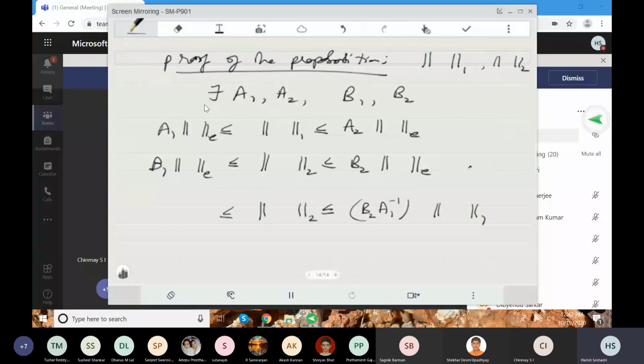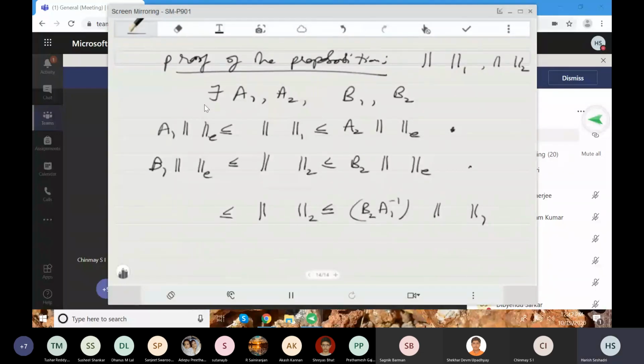Similarly, on the other side, norm 2 will be greater than or equal to B1 times the Euclidean norm, but that will be, now I go back to this side here, B1 A2 inverse of, oops, ran out of space.